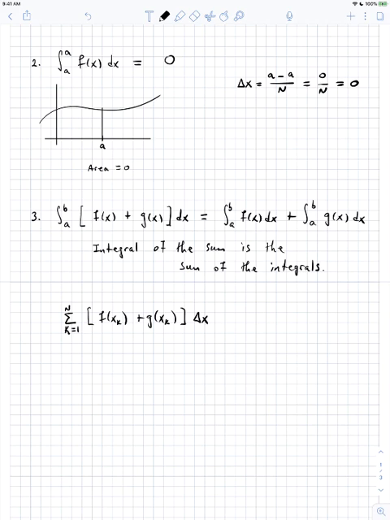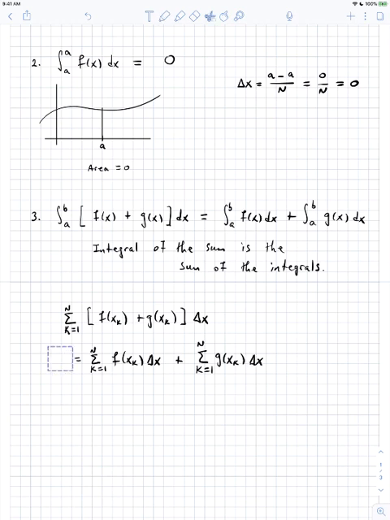But the sum of a sum is the sum of a sum. Well, that's a funny way to say it. What I mean is this is equal to the sum from k equals 1 to n of f of xk delta x plus the sum k equals 1 to n of g of xk delta x.